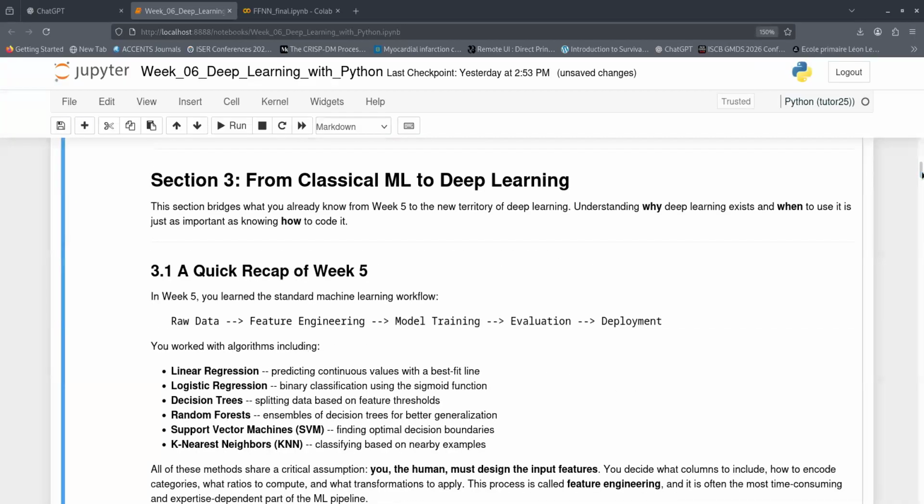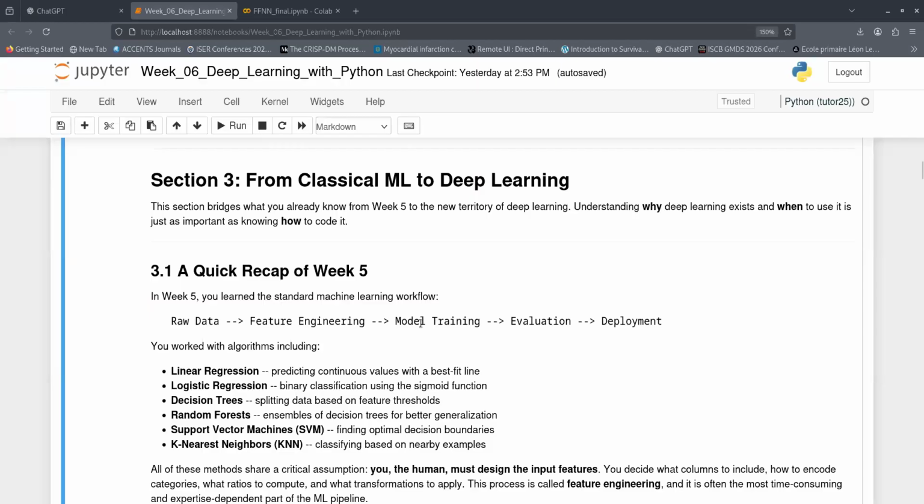Okay, a quick recap of week 5. For week 5, if you remember, even what one of you did yesterday, you learned the standard machine learning workflow. So how was the workflow? You have raw data in a data frame, and you do some feature engineering. It means you created new variables from the initial variables. You clean the data, you do everything.